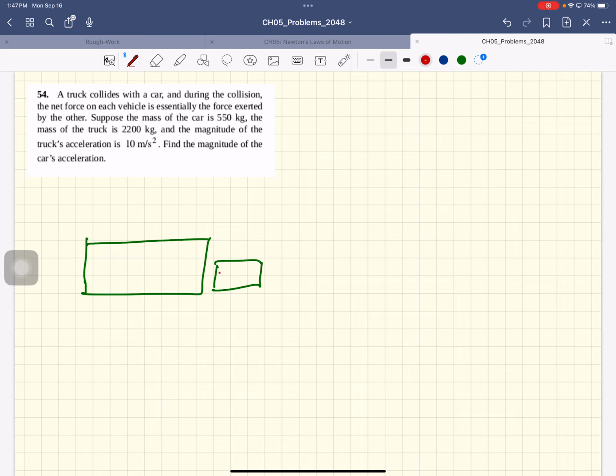The force that the truck exerts, this is the force on the car, this is the force on the truck. Newton's third law says these two forces are equal and opposite. So in this collision, what would you rather be in? The forces are equal. You want to be in the truck, obviously.